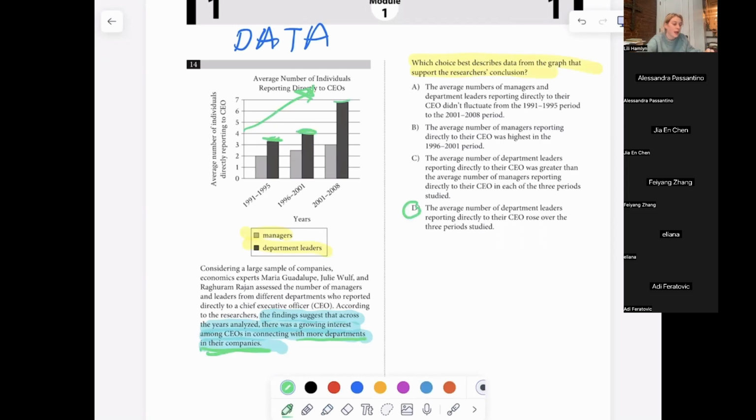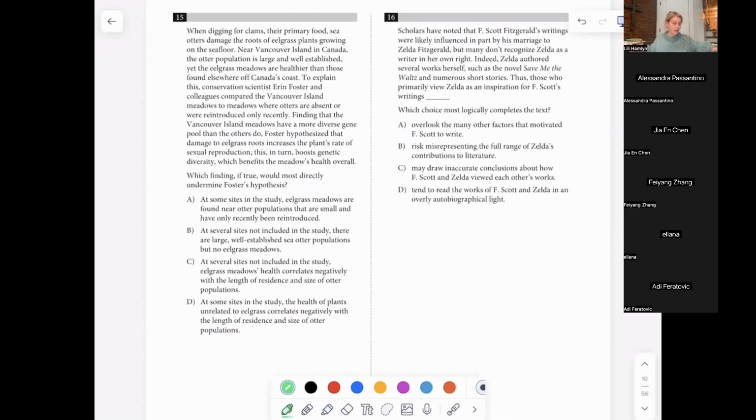The department leaders would be a good indication of how CEOs are connecting with more departments. So it's not C, which I think someone put, because it's just not as good an indication of that. Fantastic. All right, let's have a go at number 15.